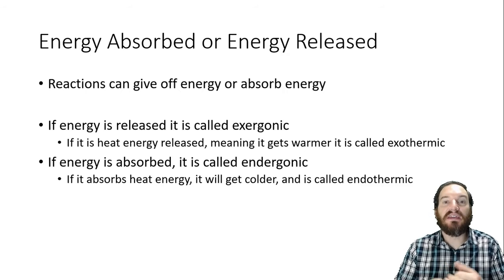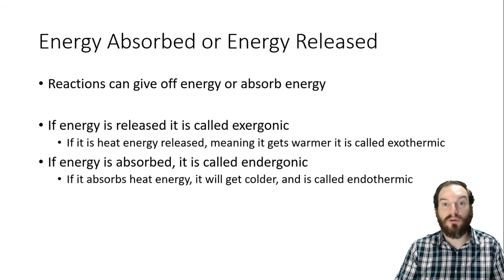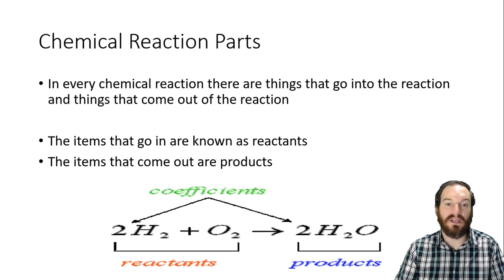Now, if it gives off energy, it's referred to as exergonic. Exergonic is giving off energy. And then it could also be endergonic in that it's absorbing energy. And it can also be exothermic if it's giving off heat, or endothermic if it's absorbing heat and cooling down.